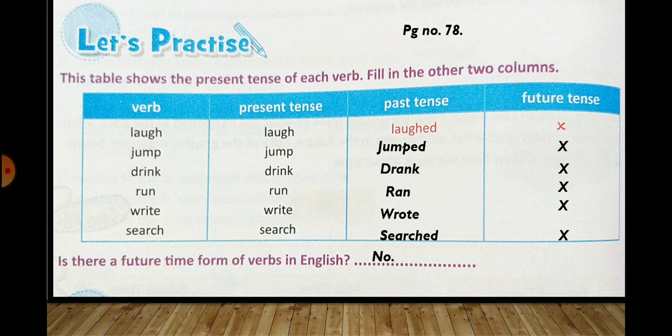So when we talk about the verb laugh, the present tense form is laugh and the past tense form is laughed. It is already done for us. Next we will check the verb jump. The present tense form of the word jump will remain jump, and the past tense is jumped.